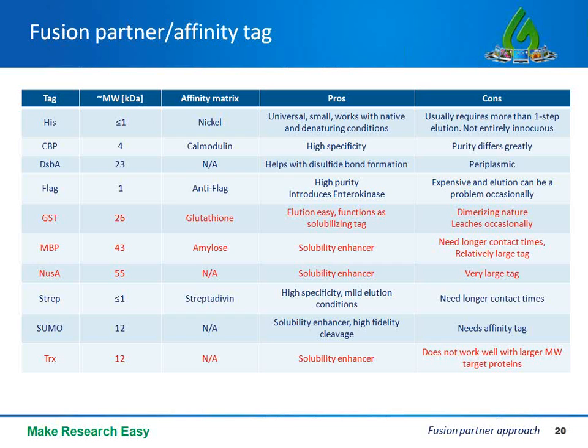Another advantage is that the tag can be removed more efficiently if it's at the N-terminus, because more proteases cut near the C-terminus of the recognition sites. So the cut is much cleaner if your tag is located at the N-terminus.